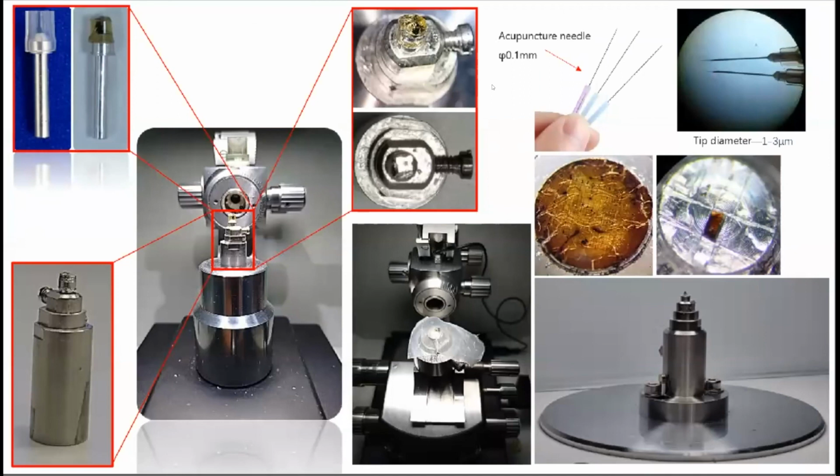I use the acupuncture needle because it's so thin. The diameter is little. So did you use epoxy to put the sample right on the top of the needle? Is that what you did? Yeah.